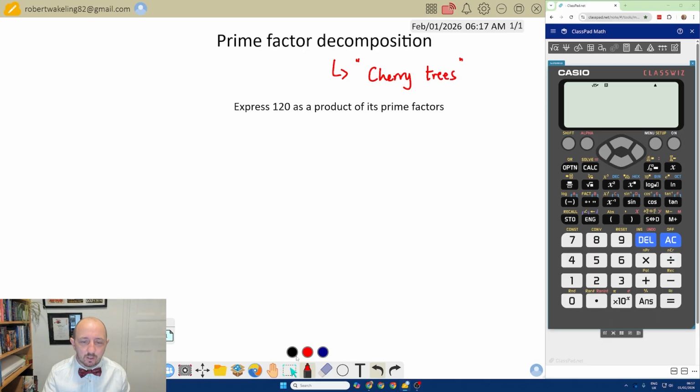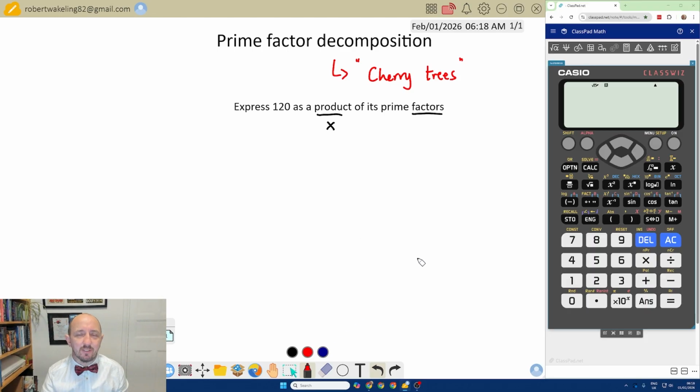So with your study, create a flashcard with a question like this, and you say, if you see express, it doesn't necessarily have express at the front, but often it does. You see product, which means times, and then factors, numbers that will divide without a remainder, and prime.